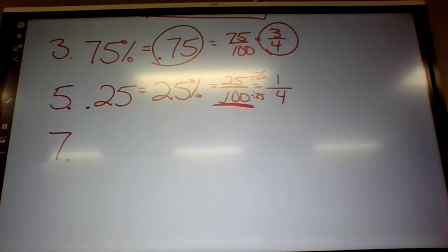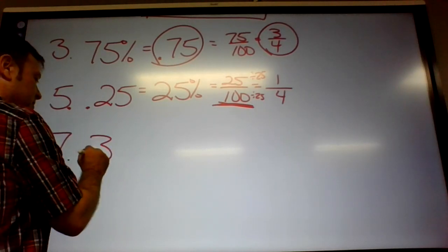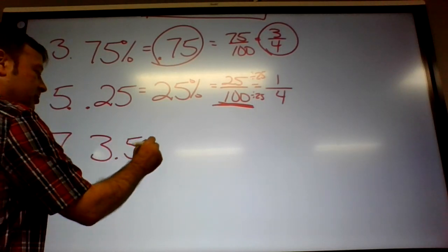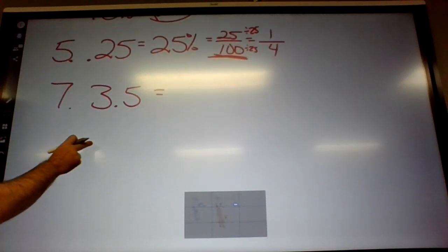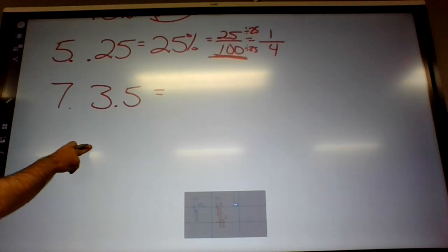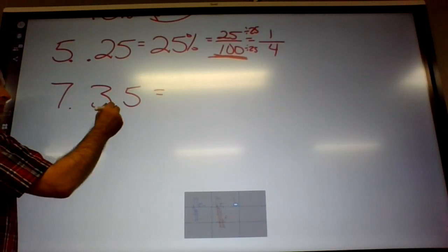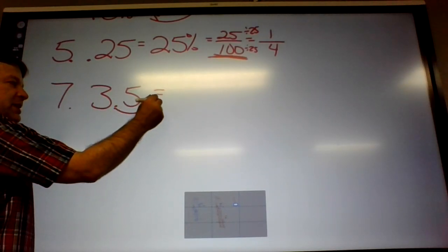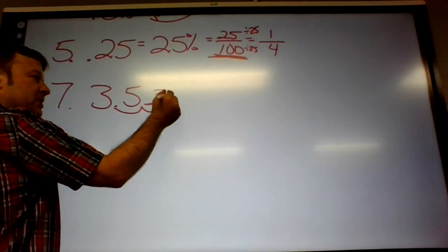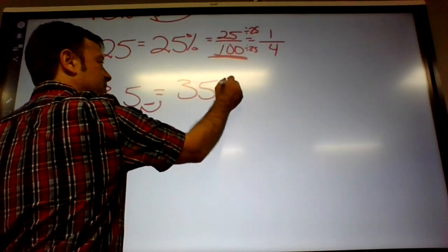All right, number 7. Let's go percent first. What would this be as a percent? Right. Move the decimal twice. That's way over here, so it's a blank spot. 350%.